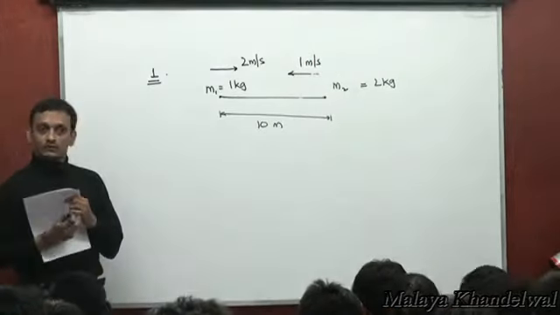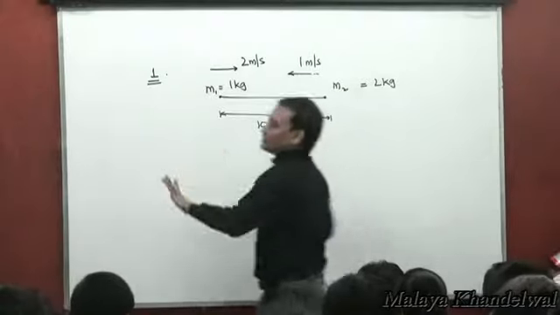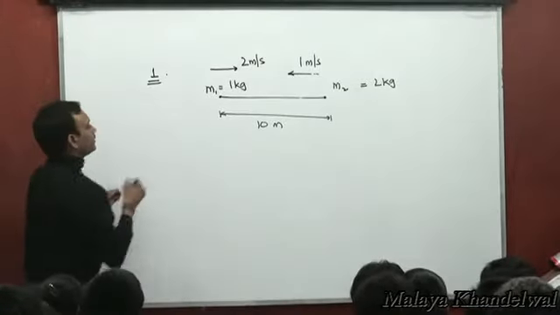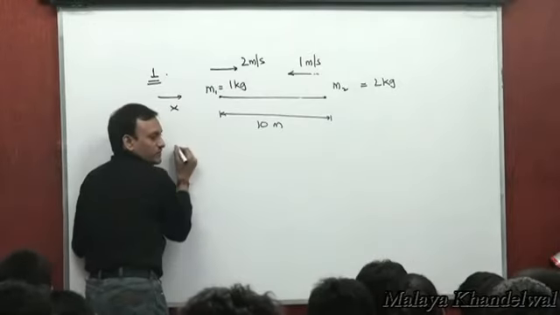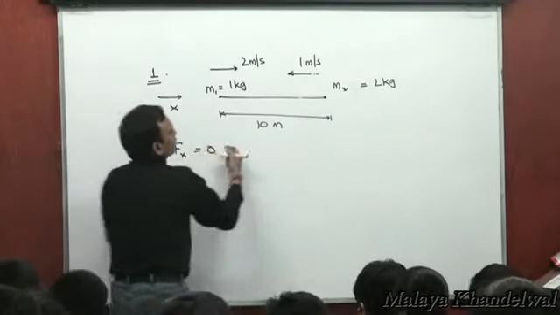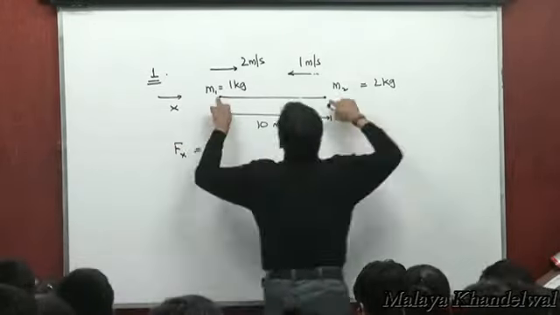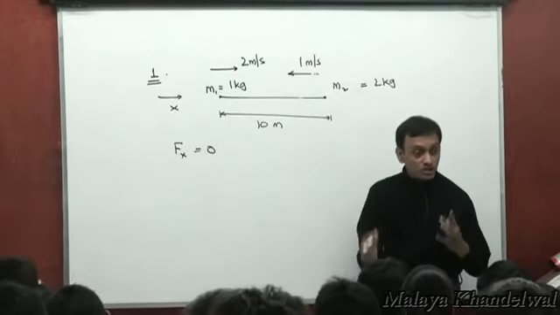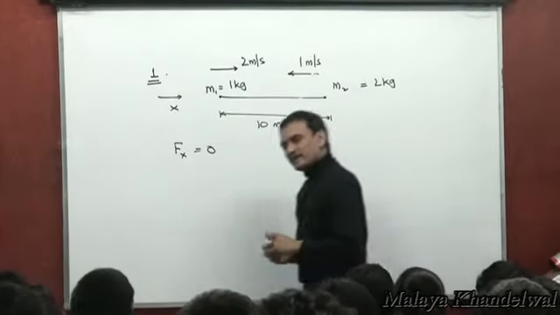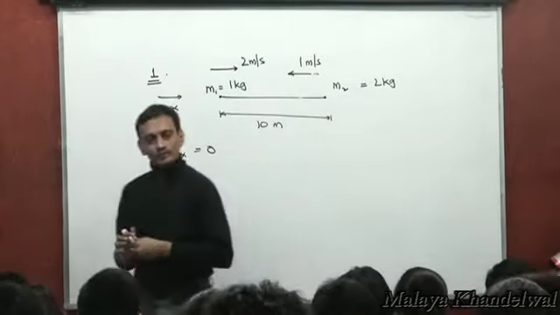Okay. One thing for sure, in this situation, let's say this was the x direction. On the system, there was no net external force. They moved under mutual attraction. They exerted forces on each other, but there was no external force acting on m1 and m2 as a unit, right? So Fx was 0, no external force in the x direction on the system at large.